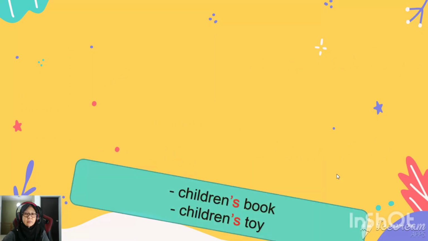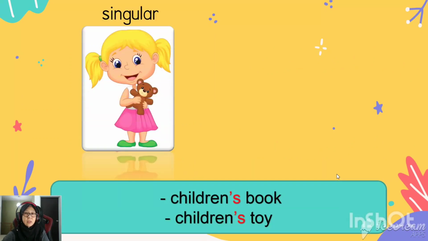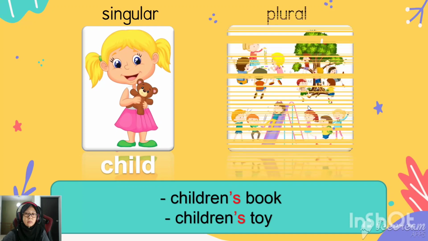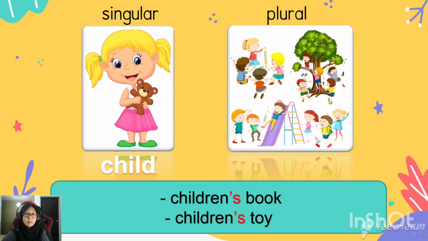Now, let's go to another example, which is an exceptional case. For one child, this is singular. For many children, this is plural. So let's say we want to say the children's book.